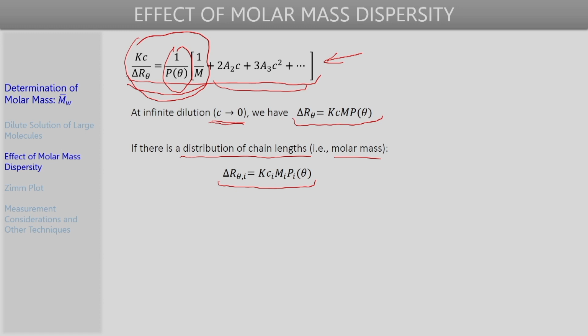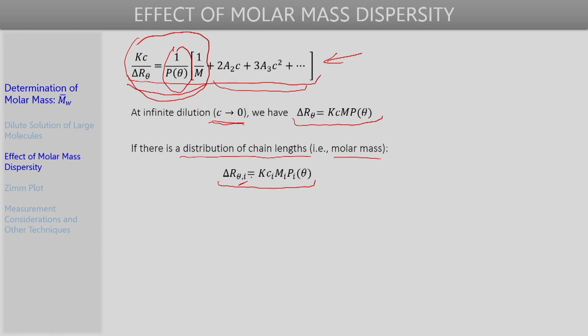Some polymer molecules, for example, might have chains containing 200 repeat units, whereas other polymer molecules in the same sample might have 250 or 225 repeat units. So this i corresponds to a collection of polymer molecules in the solution which have the same chain length and hence the same molar mass.